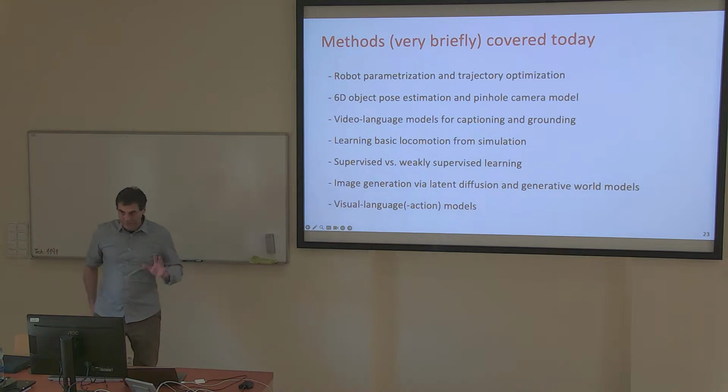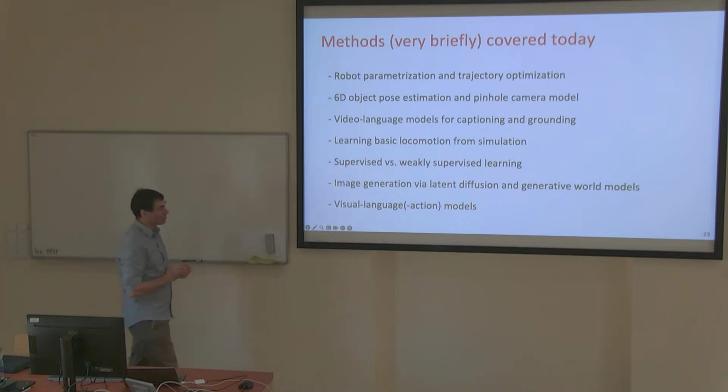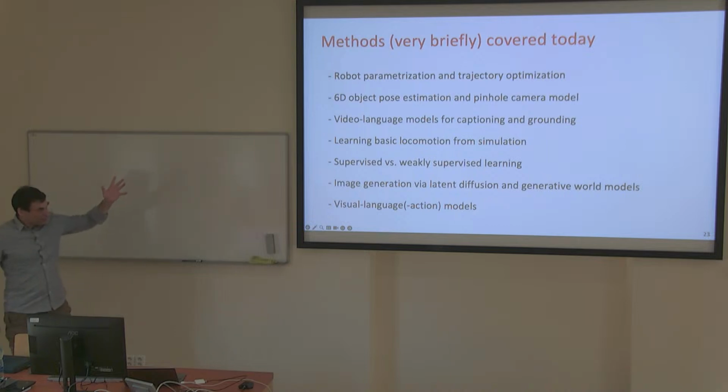And second, in this lecture, I will see how far we get together, but I will try to explain some of the techniques which I think are important in recent work, starting from a little bit of robotics, robot parameterization, trajectory optimization, object pose estimation, video language models, learning basic locomotion from simulation, so self-supervised versus supervised techniques.